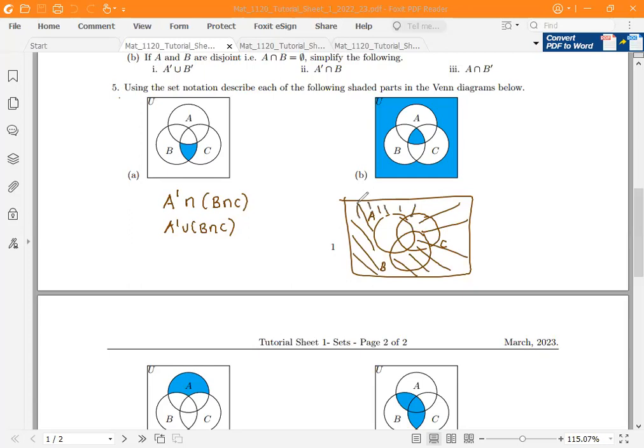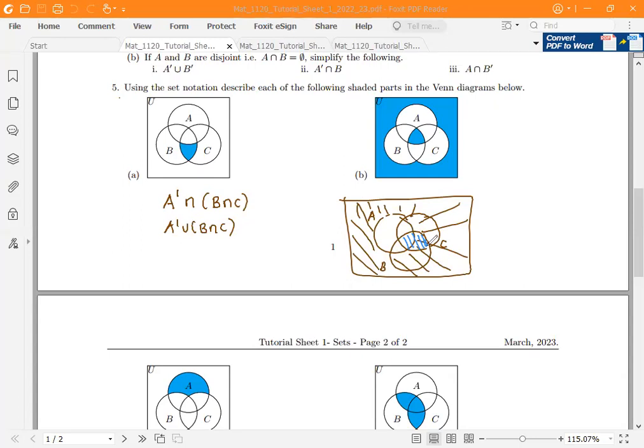Union, that is plus B intersection C. Where is B meeting C here? So the whole shared part here will be a solution.